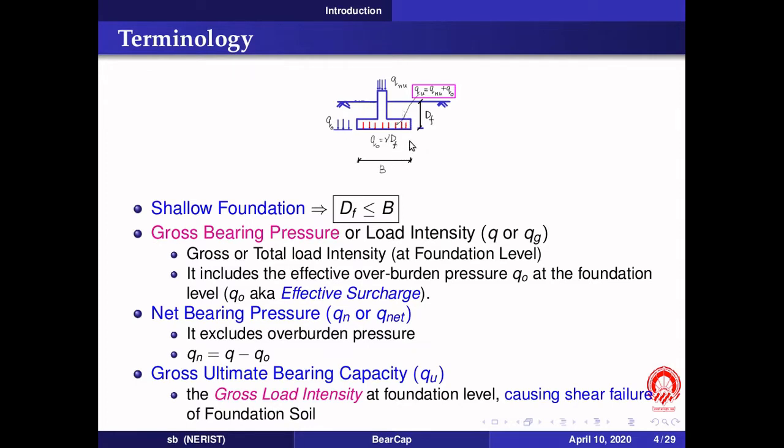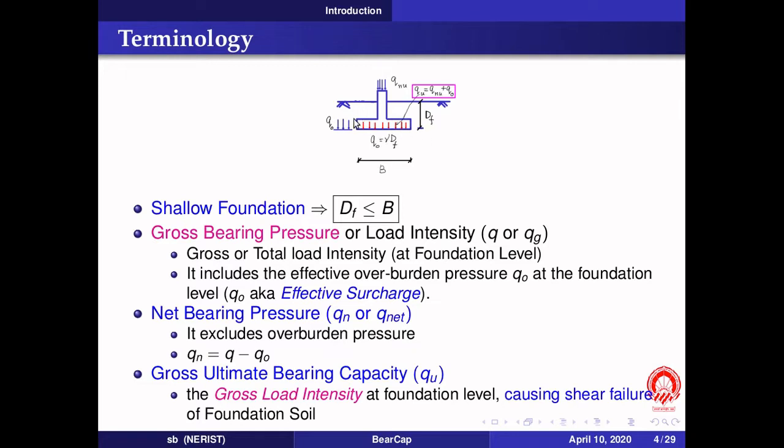Now, related to this, there are a few basic terms which we must understand before we go into details of bearing capacity calculation. The first one is called gross bearing pressure or the gross load intensity. It is denoted usually by q, and it is the total load intensity, that means the total stress that is acting at the soil foundation interface, that means the base of the foundation. This level is also called foundation level. This is my ground level here, and this is my foundation level here.